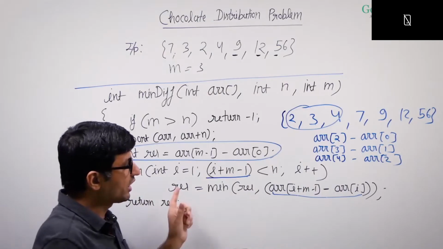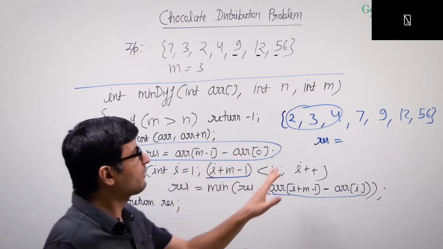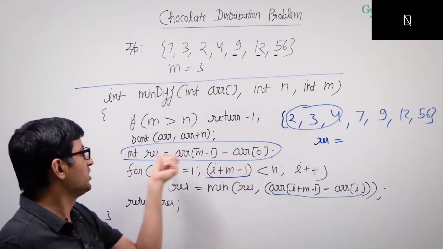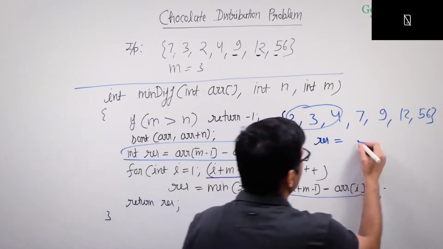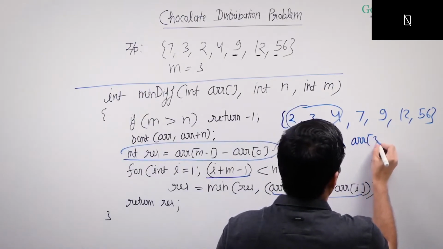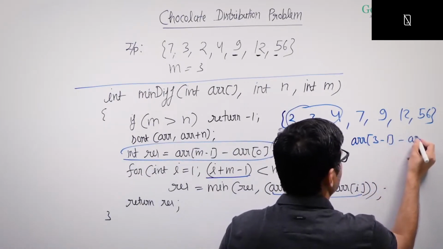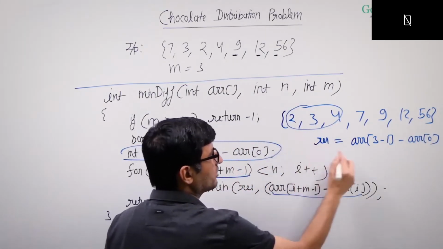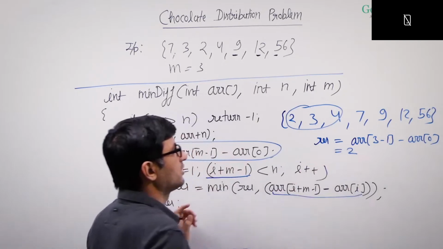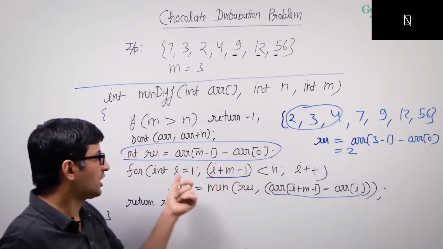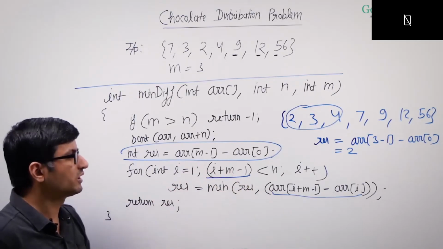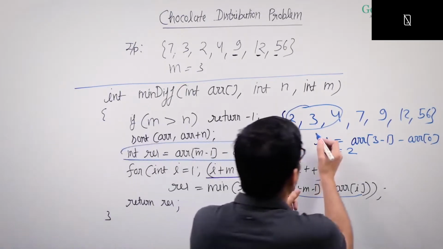So let's do a dry run for this array. After sorting, we take array m minus 1 minus array 0 as the result. So our result is going to be array 3 minus 1 minus array 0, which is array 2 minus array 0. So the result is going to be 2. This is our initial result. Now we run a loop for I equal to 1 and I plus m minus 1 smaller than n. What happens when I becomes 1?